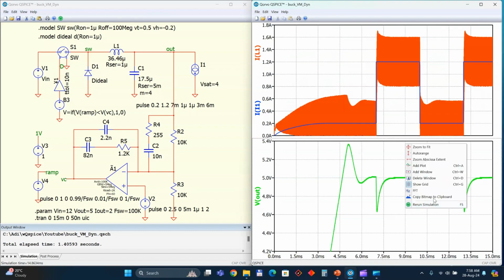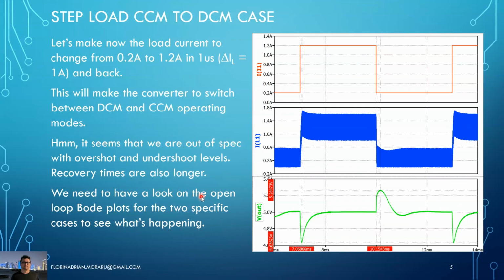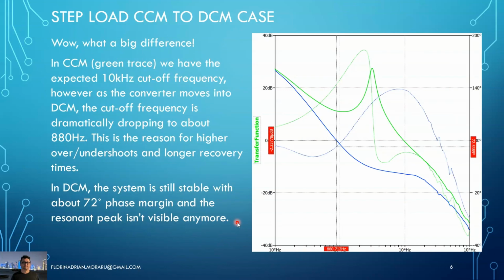Okay, then let's see what's happening in the AC response. And voila, we have a huge difference. Yeah, so the green trace is actually what we were seeing in continuous conduction mode.